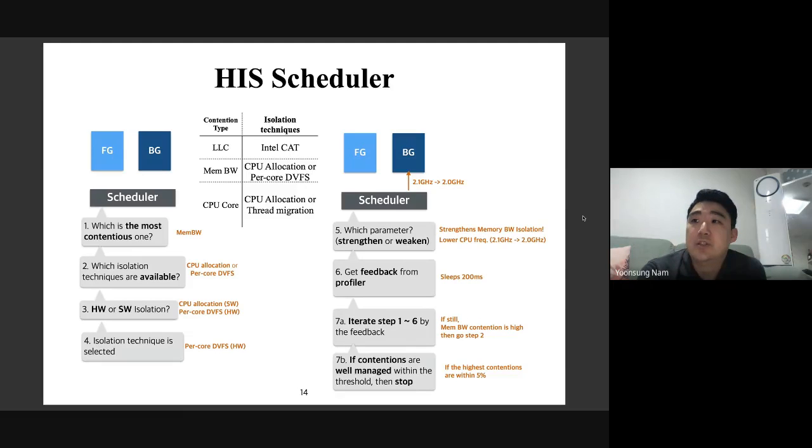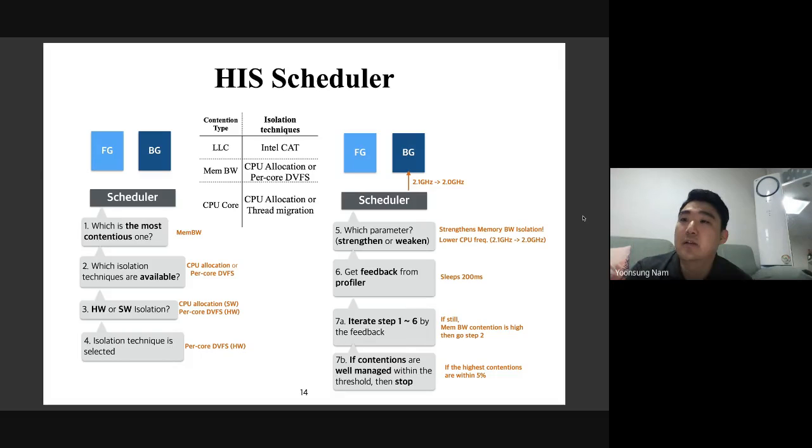If resource contention is severe, the scheduler decides to strengthen the isolation for the foreground one. After performing isolation, the scheduler sleeps for a predefined interval. Here, we sleep the scheduler for 200 milliseconds and get feedback from the profiler.